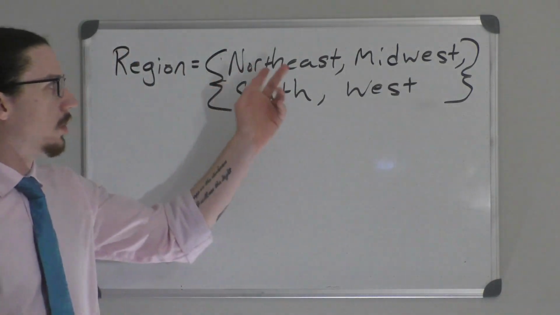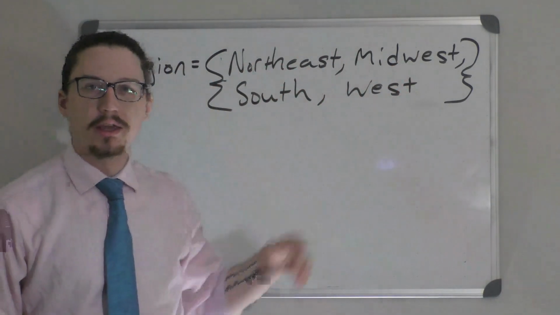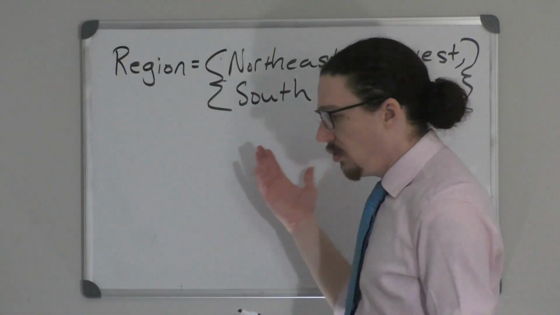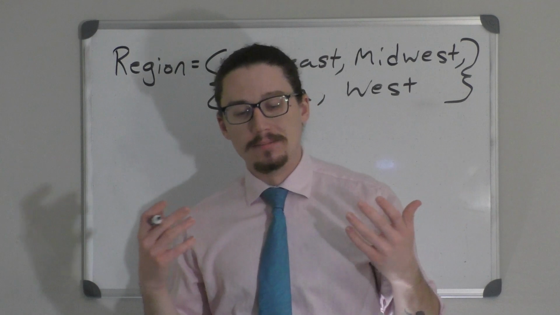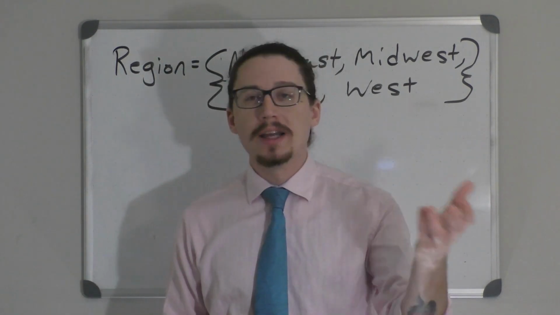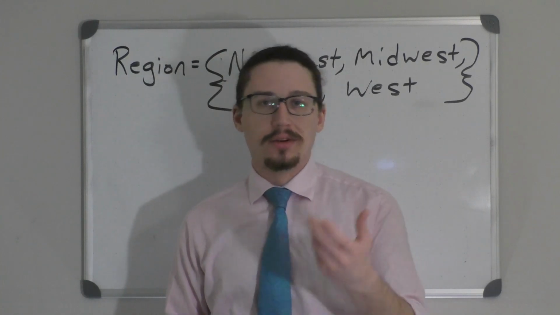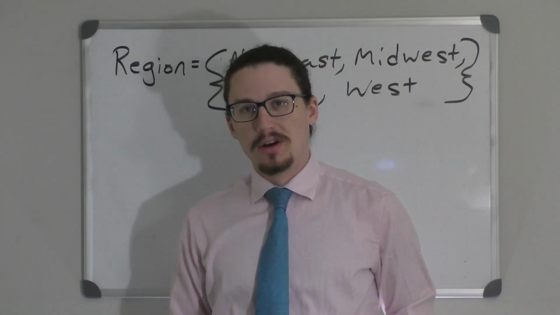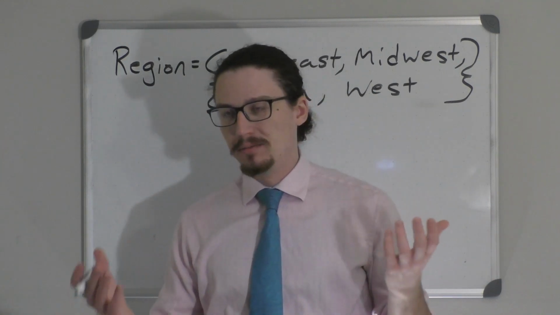And this region variable has 4 outcomes: Northeast, Midwest, South, and West. Now we might want to include this in our model, right? We might say, well, we think that wages might differ based on region, right? And there's reason to believe this, right? Cost of living differences, right?